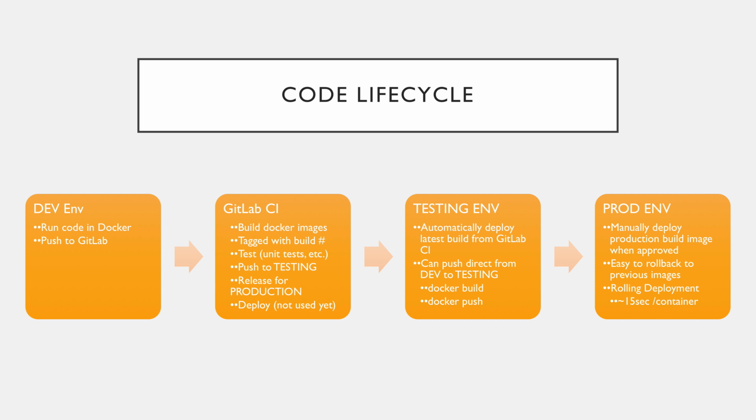Production will not. Production is currently a manual process for choosing which version of the images we want to run. And that's for a very good reason. This is all new to a lot of us, so we don't necessarily want to automate every single portion of it.